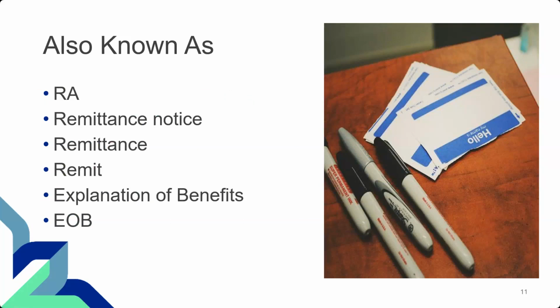Remit, I've heard that a lot internally. Now, in my experience, an explanation of benefits or an EOB always makes me think of what's sent to the beneficiary. But I have seen some resources that describe the remittance advice as an explanation of benefits for the provider, which I guess does make sense since it explains all the payment.